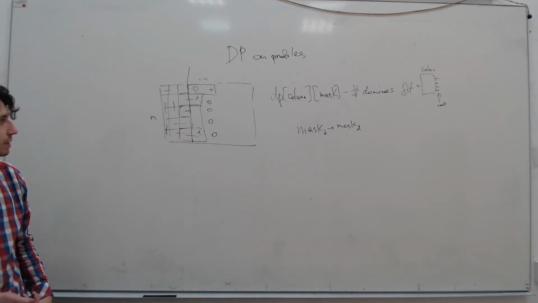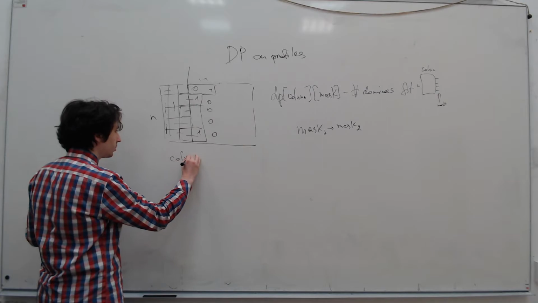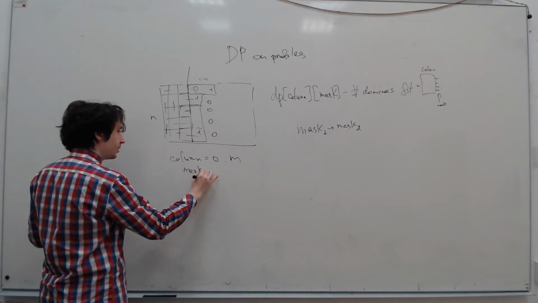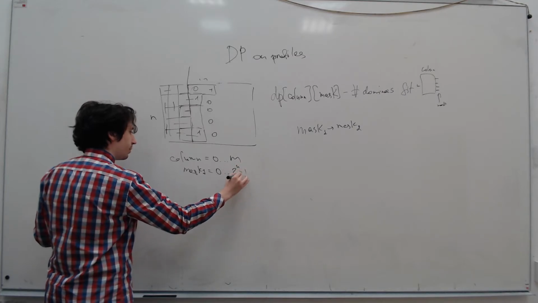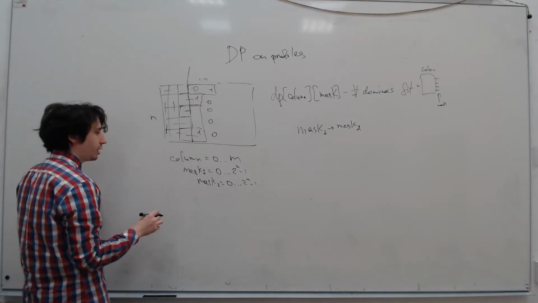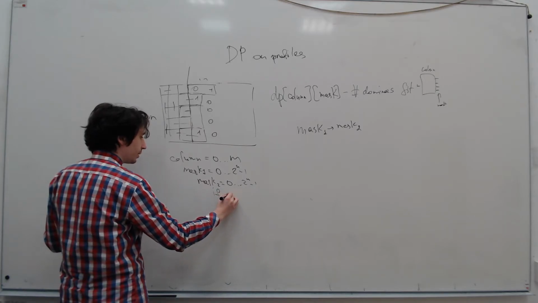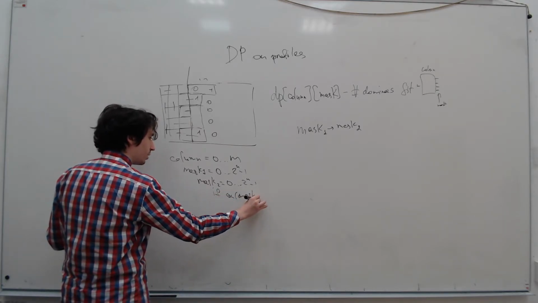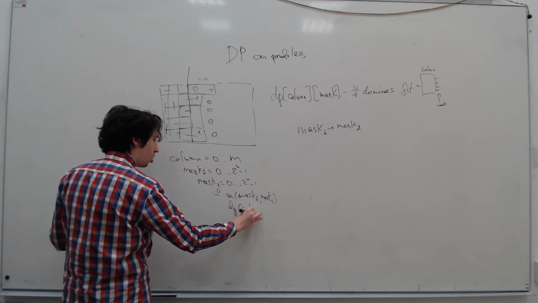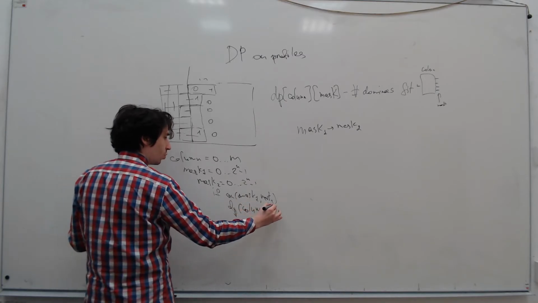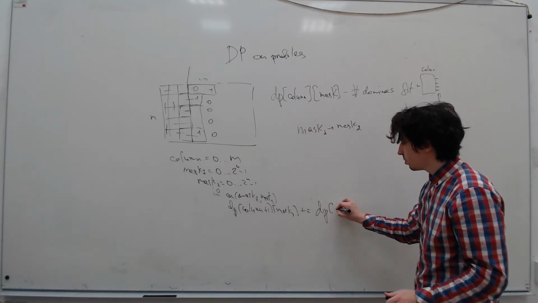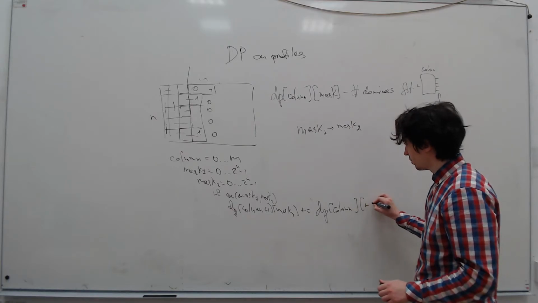You traverse column from 0 to m, mask 1 from 0 to 2 to the power of n minus 1, mask 2 from 0 to 2 to the power of n minus 1, and you simply check if you can go from mask 1 to mask 2, then update dp of column plus 1 with mask 2 plus-equals dp of column with mask 1.